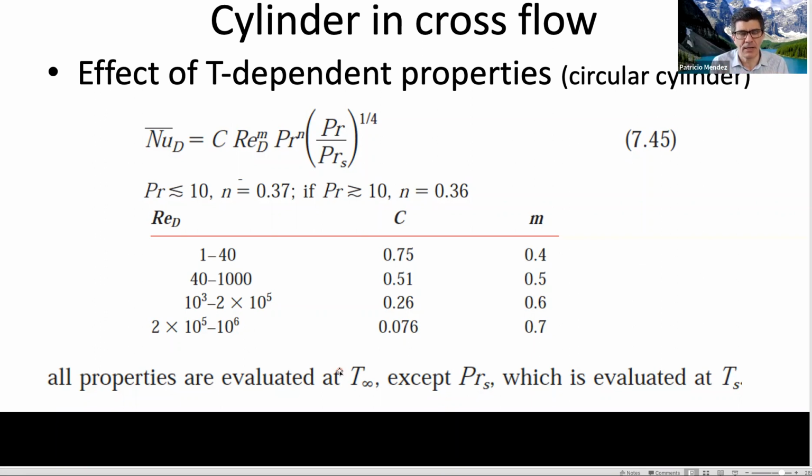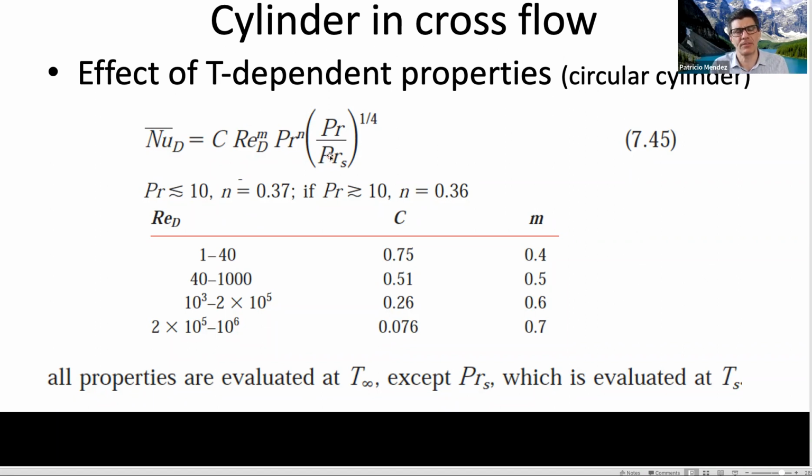What they do, and this gets into really difficult math, difficult enough in which people say, you know what, screw it. Put a pipe in some sort of a wind tunnel or an oil tunnel and start measuring. And they came with this correction factor that says you multiply this same formula that you had before, very similar, by Prandtl at the free flow, Prandtl at T infinity, divided by Prandtl at the surface temperature, which is not the same, right?